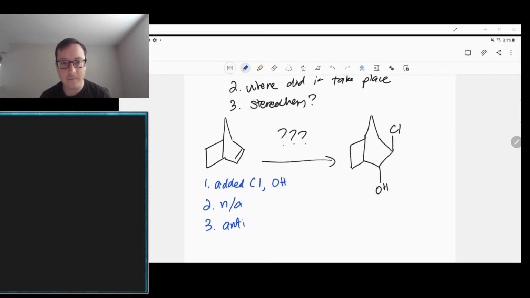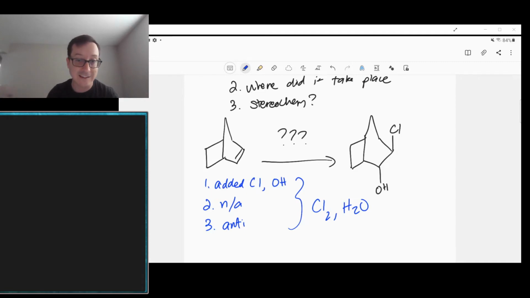So if we can figure out these three things, then we compare it to all the work we did for the previous section we talked about, which was defining your set of reagents to accomplish X, Y, and Z. If you identify a set of reagents to get these three things done, you'll see, well, this is Cl2 and water. Cl2 and water gives us these three things. In theory, number two would be that it would give us a Markovnikov hydroxy and anti-Markovnikov halogen, although that is not applicable here because we don't have those positions.